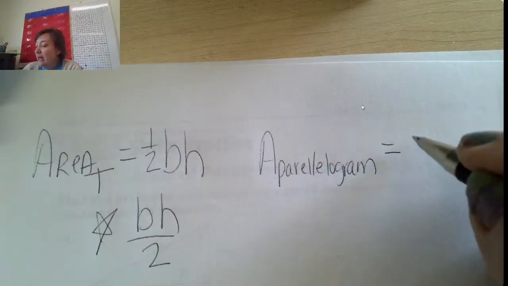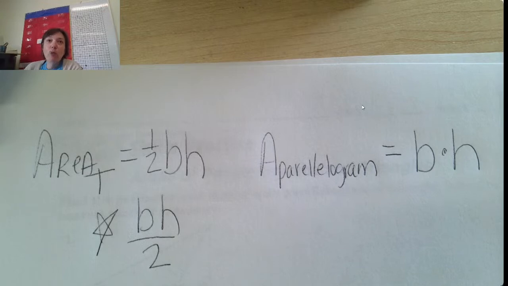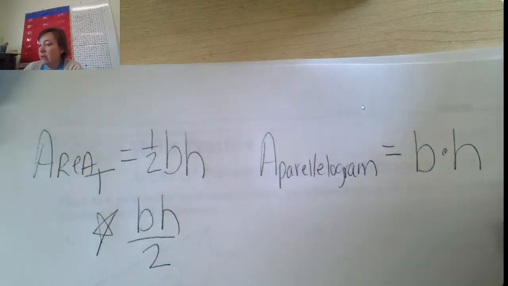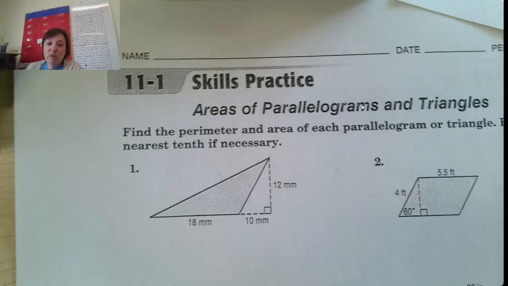Yeah, so a parallelogram is just base times height, or length times width, if you want to look at it that way, right? That's how you find the area of a parallelogram. We always want to make it real complicated, but it's not. But sometimes you have to find the height. You're not given the height, then you have to find it. And that's what we're going to be looking at today, is based on what they gave us, we may have to find some stuff, okay?